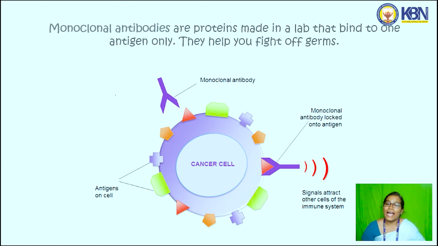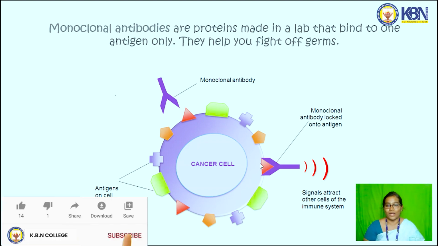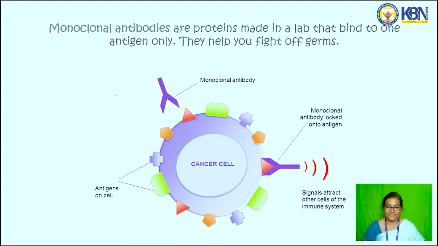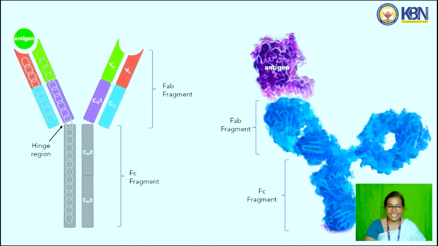So, it is a lab-grown antibody which has only one antigenic determinant. It interacts with only one antigen, not with any other, because the site is very complementary to only one antigen. Such an antibody which has only one antigenic determinant and which is made in the laboratory, we call a monoclonal antibody.